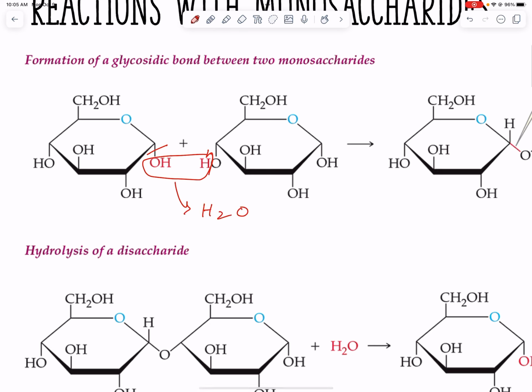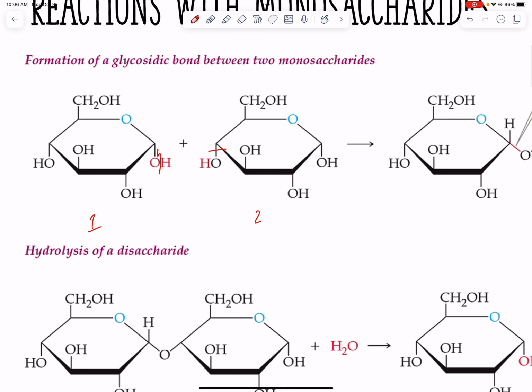Okay, so if you're not sure what I just said, let me repeat this. It doesn't matter if you break this bond and this bond, the OH off the first monosaccharide and just the hydrogen off the second monosaccharide, or if you break this bond and this bond. Either way, you would get the same thing.